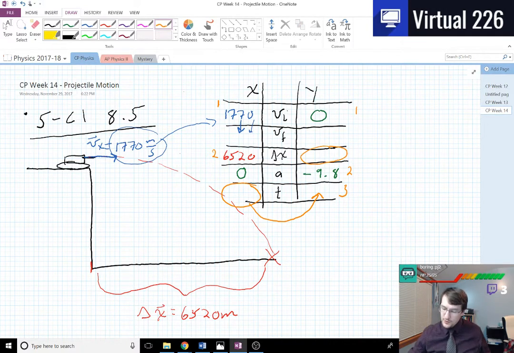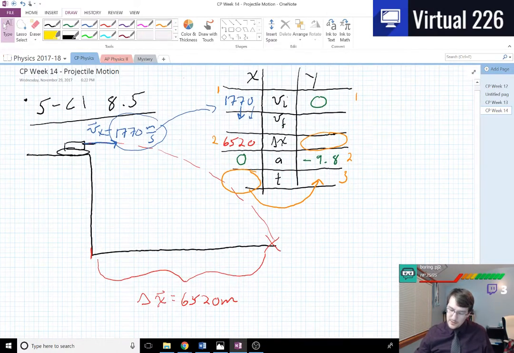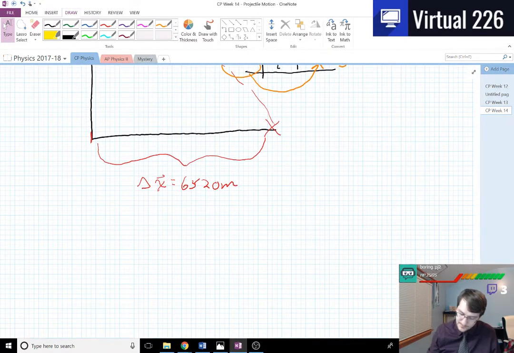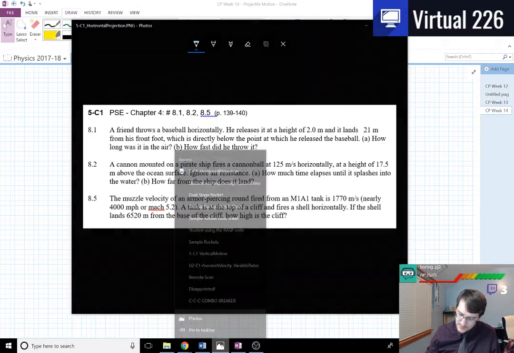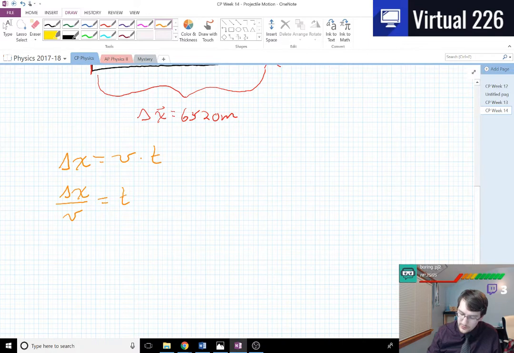So, in order to find the time it takes for the shell to fly this distance, we know that displacement equals velocity times time. That means displacement divided by velocity equals time.